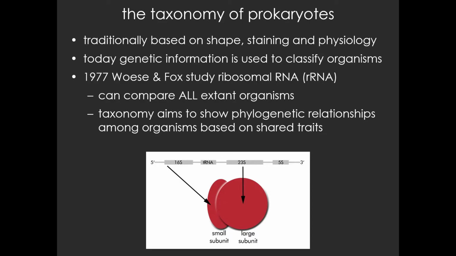So Woese and Fox decided that they would get their hands on the small subunit RNA from as many organisms as they possibly could, and they started sequencing this ribosomal RNA, and when they did that, they were able to create one of these phylogenetic trees, these trees based on organism similarity, not just of animals or plants or bacteria, but a tree that encompassed all of the known extant organisms on the planet, all of the living organisms on the planet.